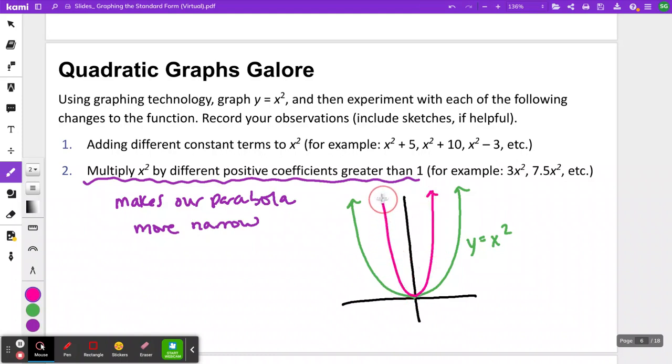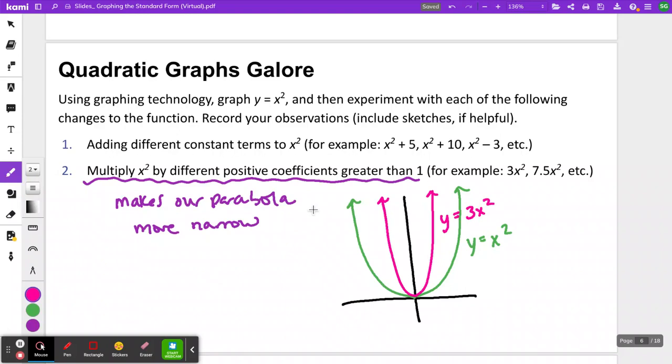If you do a number greater than 1 that's positive, it makes it even skinnier. Those two sides are coming closer together. And so that is our y equals 3x squared. And so this is what I would include in my notes for the second part here.